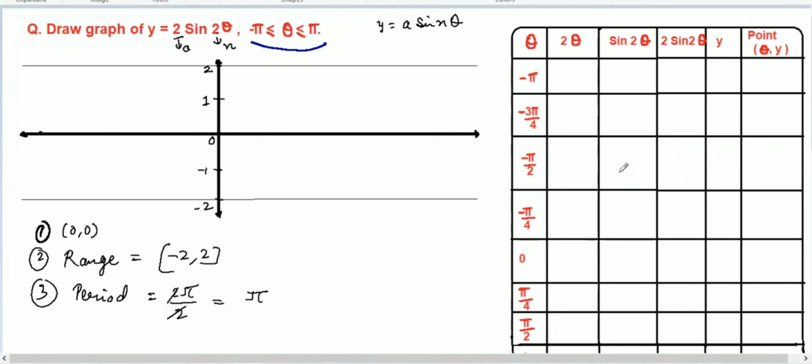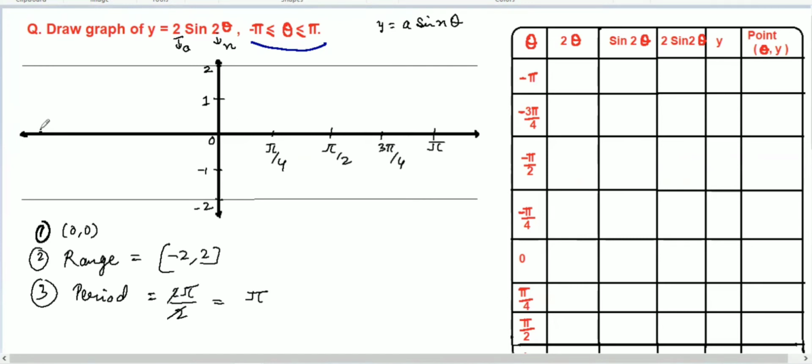Or you can find it out from a table also. Let's draw it here. We have the domain minus pi to pi. This will be pi, and half of pi is pi over 2, and half of pi over 2 will be pi over 4, and half of pi over 2 plus pi will be 3 pi over 4.